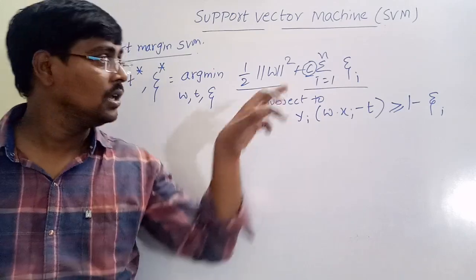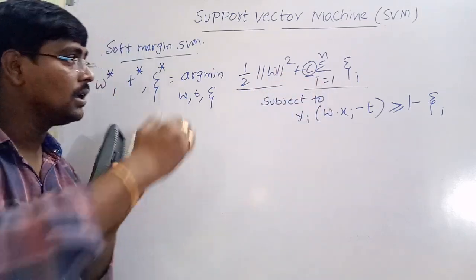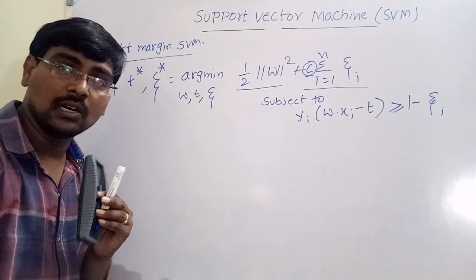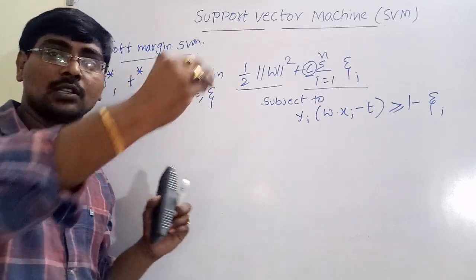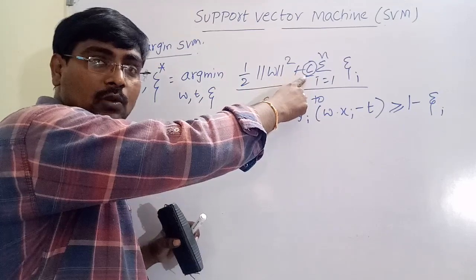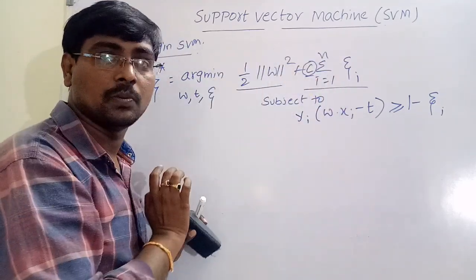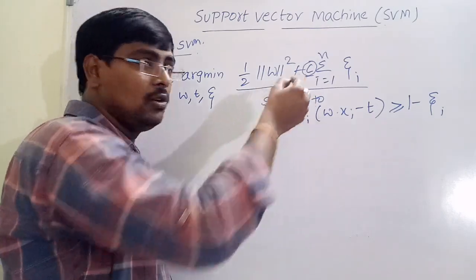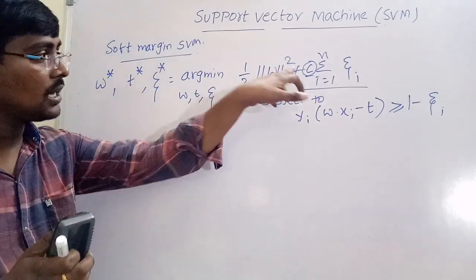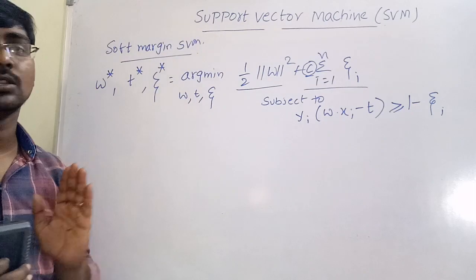Margin error means the example is inside the margin or on the wrong side. Suppose a positive example is placed on the negative side, that is called a margin error. If the C value is very high, for each margin error a high penalty has to be paid. If the C value is very low, there are more margin errors.